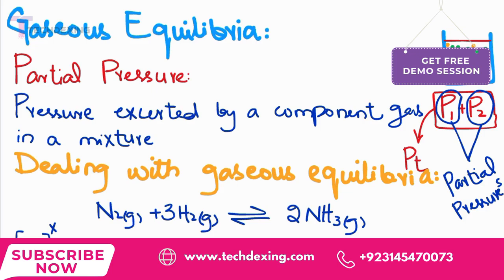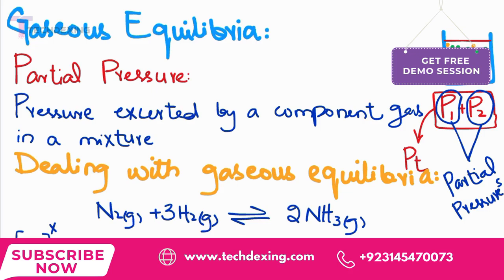You would put the symbol as the subscript with the letter P. So suppose it is N2, and how many moles are involved in the balanced chemical equation for the nitrogen? One. So I would not write the power, right?